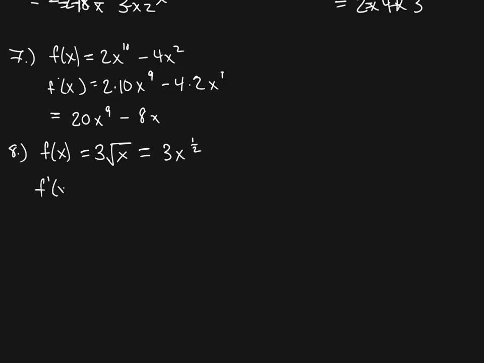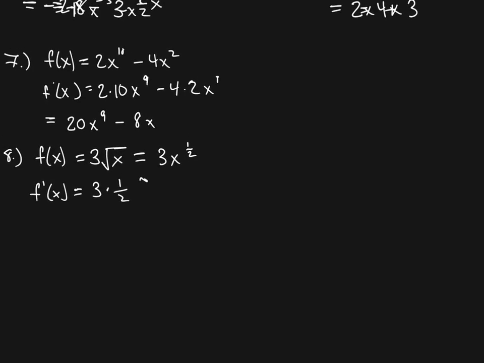So f prime of x is going to be equal to 3 times 1/2 times x to the 1/2 minus 1. So 3 times 1/2, this is just 3 halves, x, and now we've got 1/2 minus 1, so this is going to be to the minus 1/2. So that's our answer for problem 8. Actually, we worked through that problem today in class. So 3 halves times x to the minus 1/2.